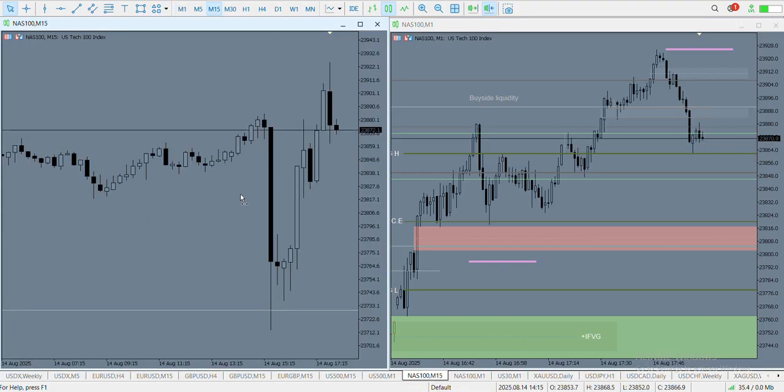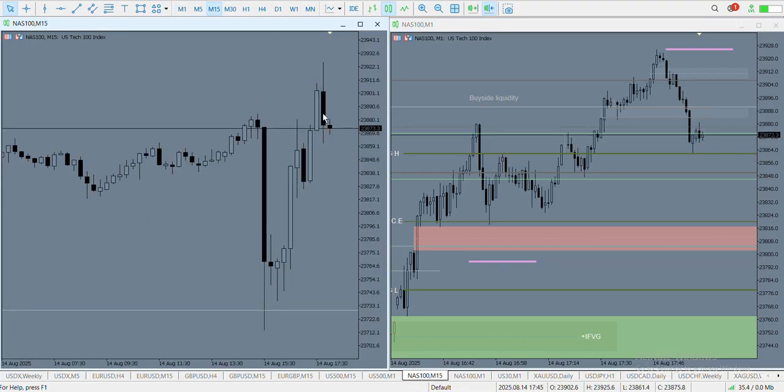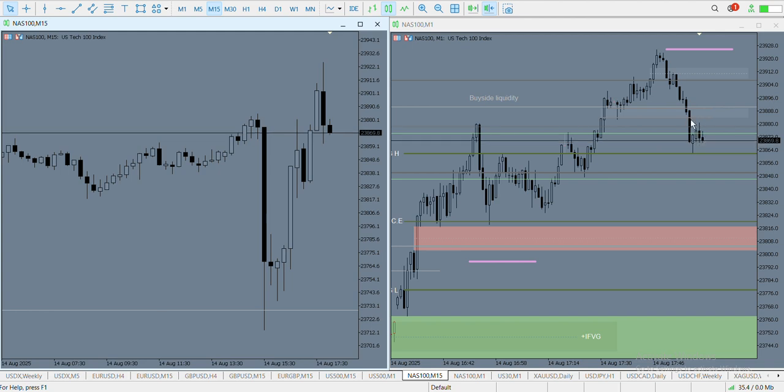So if you look at this 15-minute, this is an outside candlestick here. We took out the high of the previous 15-minute candlestick. We've taken the low, but I don't really like this closing price. I wish we closed below this candlestick here. Then I could really be trusting this as a sell and anticipating price to start trading lower.